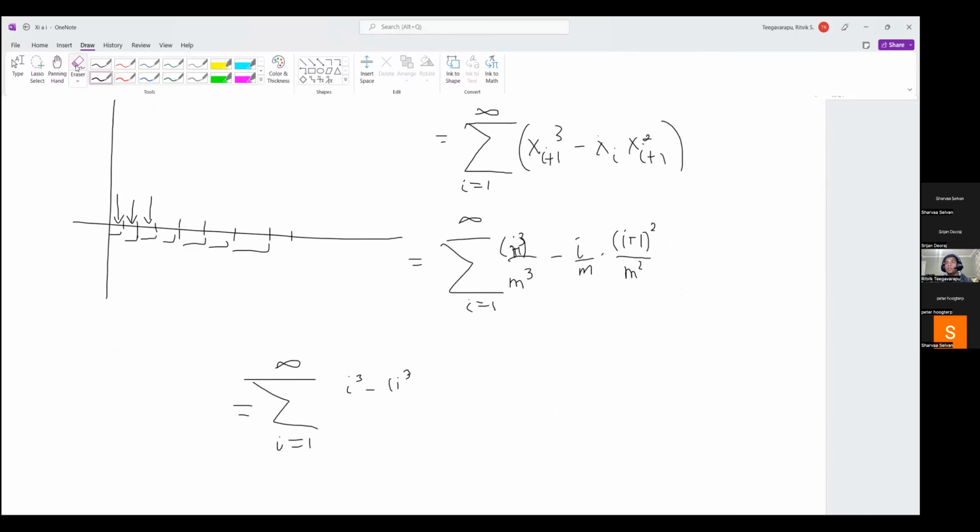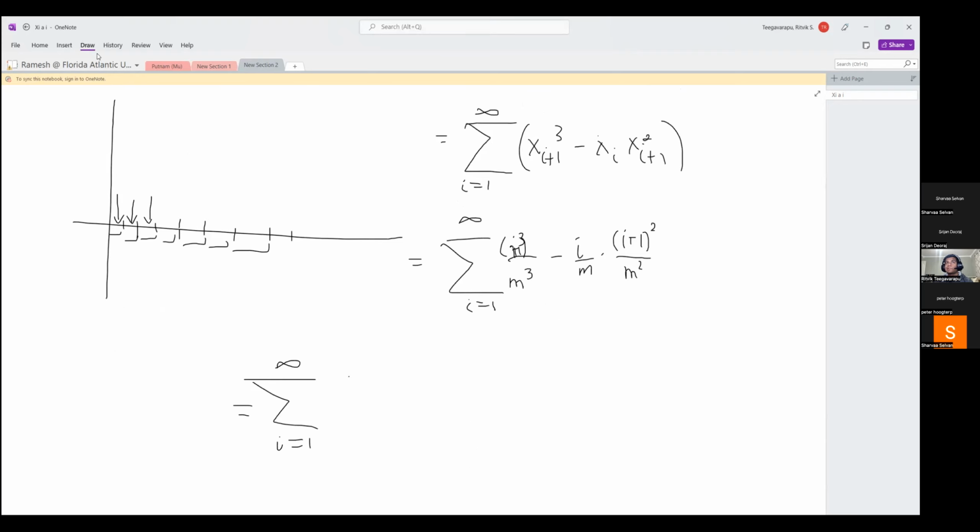So this becomes i cubed plus 3i squared plus 3i plus 1, minus i cubed minus 2i squared minus i, all over m cubed.